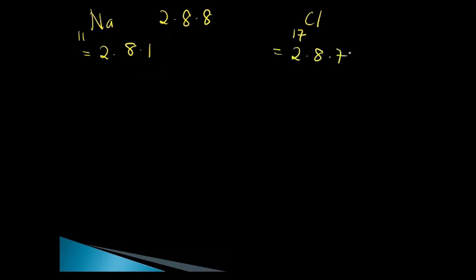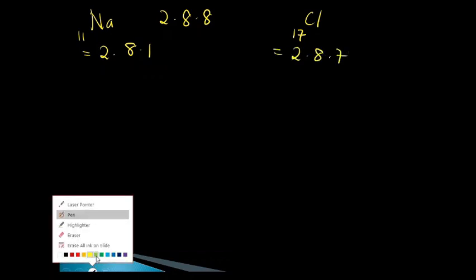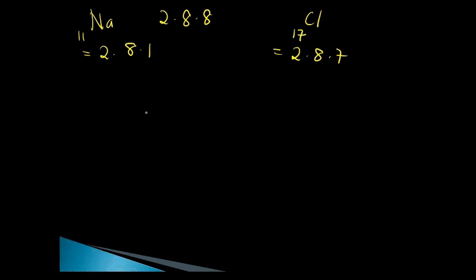Let's compare the effective nuclear charge of sodium with a proton number of 11 and chlorine with a proton number of 17. We're going to use the 2.8.8 rule to clearly portray the effective nuclear charge. Sodium has 2.8.1, whereas chlorine would have 2.8.7. Now let's draw the shell of sodium.